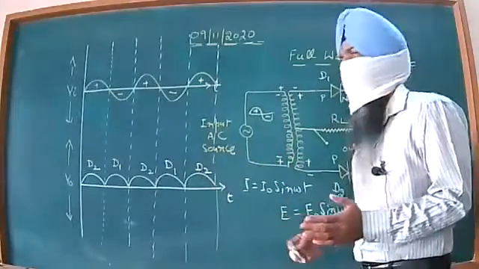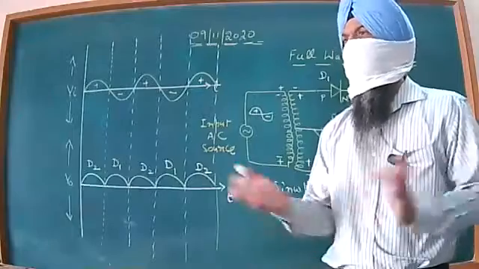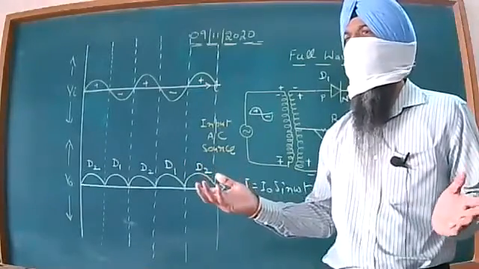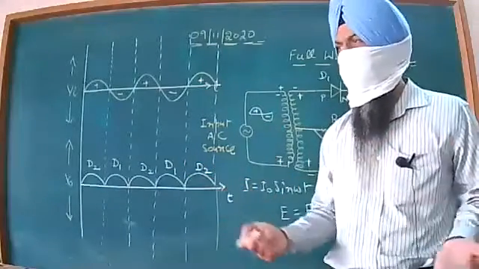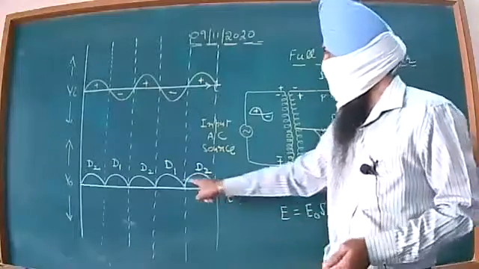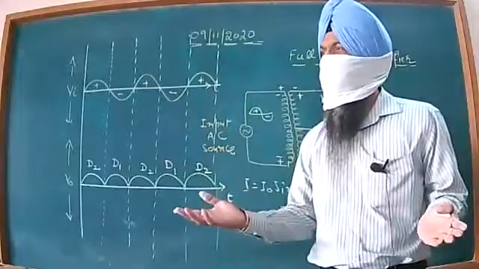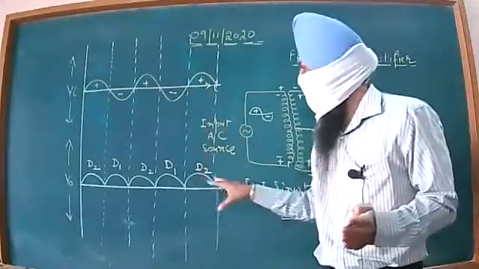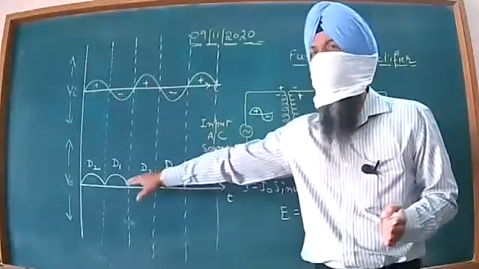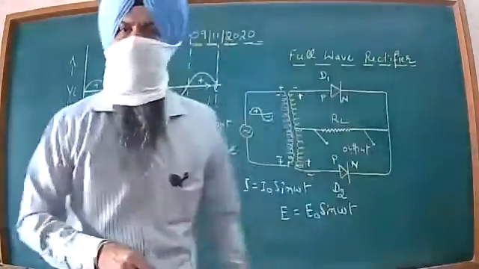And that modification is always done with the help of the filter circuits. Filter circuits are not presently in our syllabus. You will be studying these in your higher classes, beta. We will subject this output DC to the filter circuits. What the filter circuits will do, they will filter out these variations in the direct current or in the direct voltage.